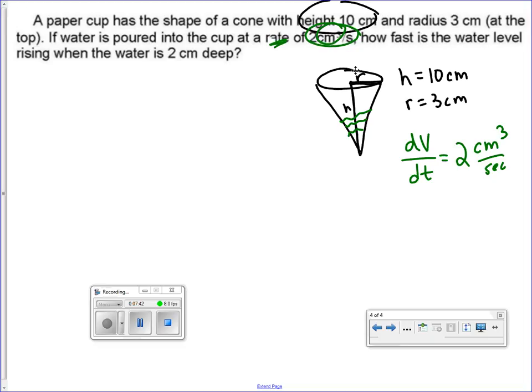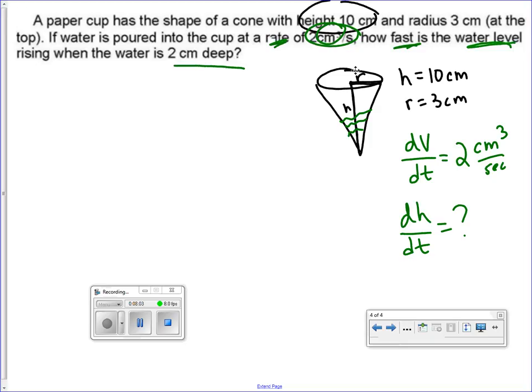It says how fast, it's asking me for a rate, is the water level rising? The water level is h. How fast is the water level rising? So that's what I'm solving for. When the water is 2 centimeters deep.